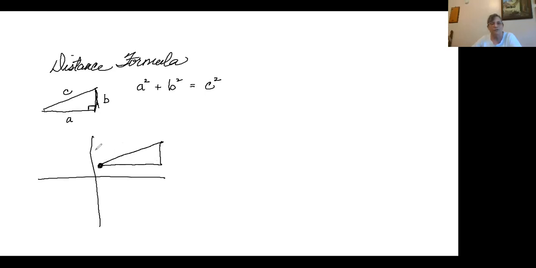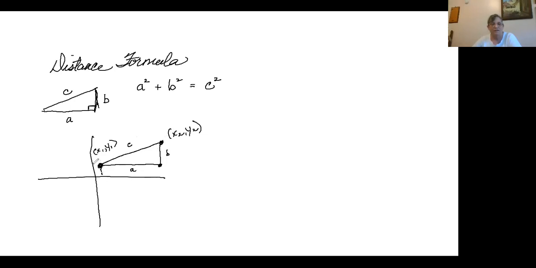So if this is the point x1, y1, and this is the point x sub 2, y sub 2, then this distance squared plus this distance squared will give you this distance squared. So here's our A, here's our B, here's our C.